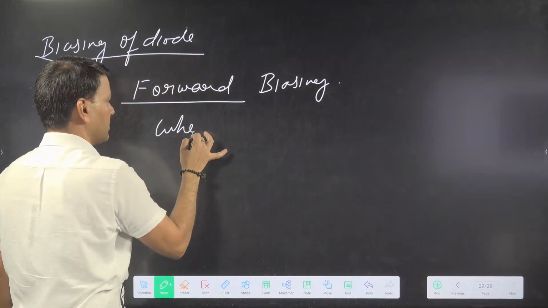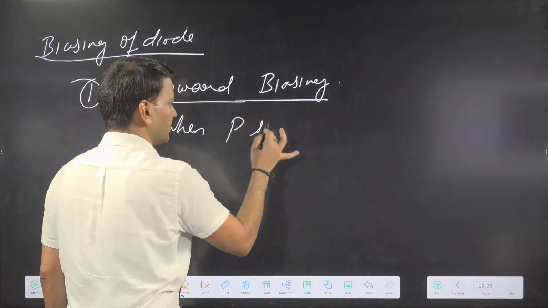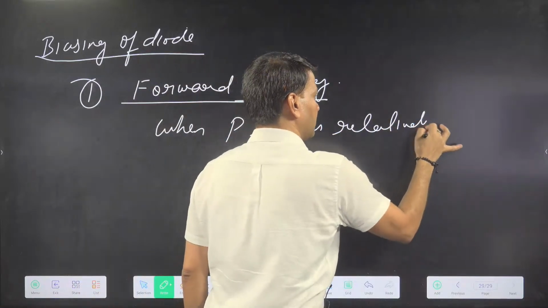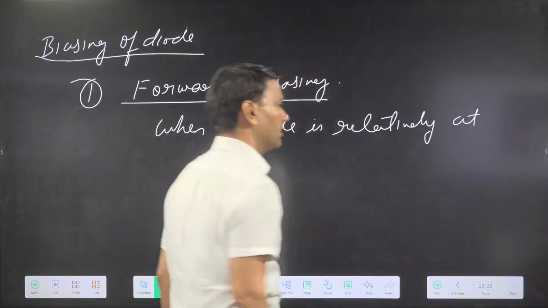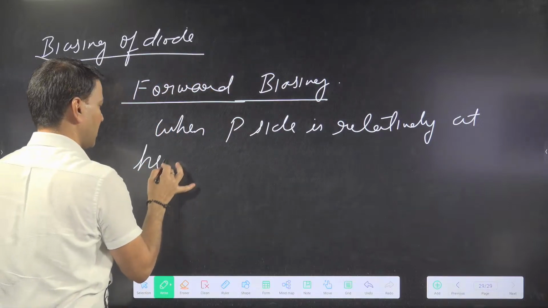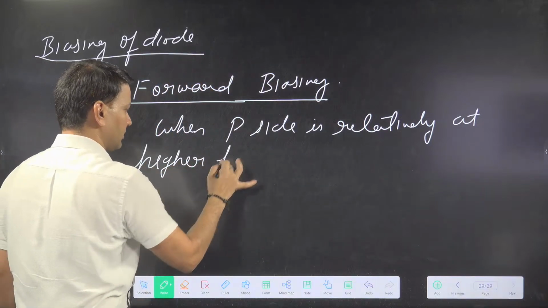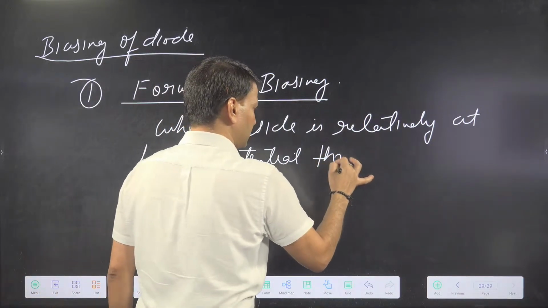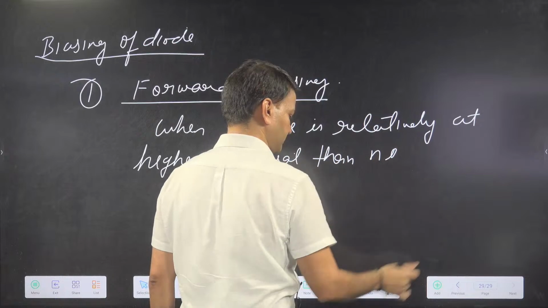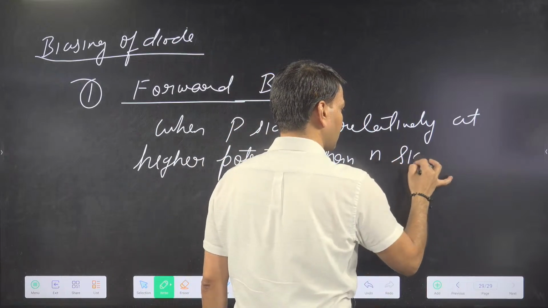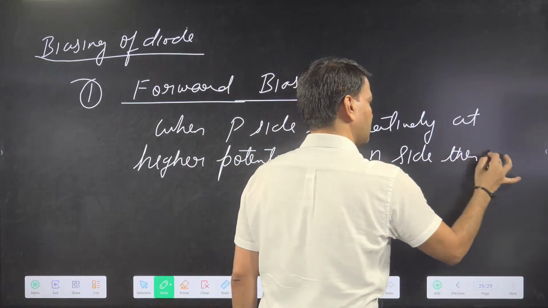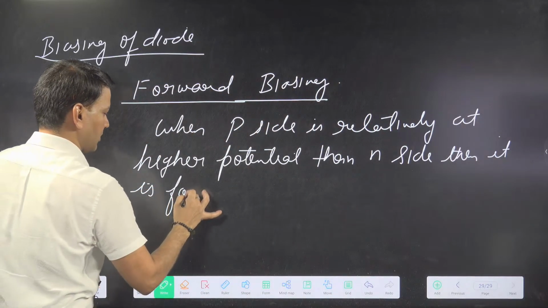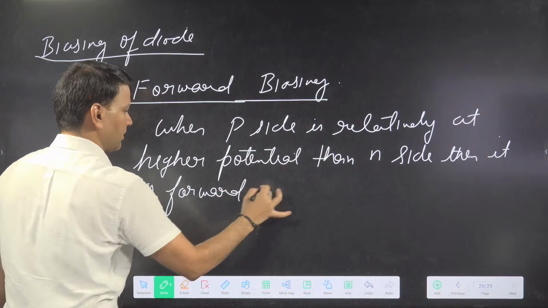When P side is relatively at higher potential than N side, then it is forward biasing.